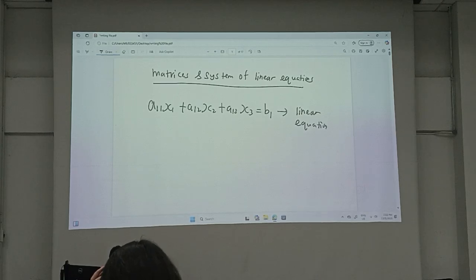So how do we solve this linear equation? In order to solve it, we need two more equations.